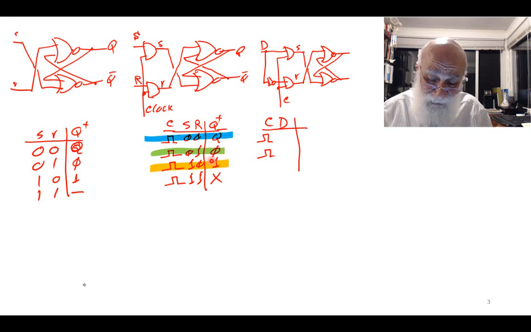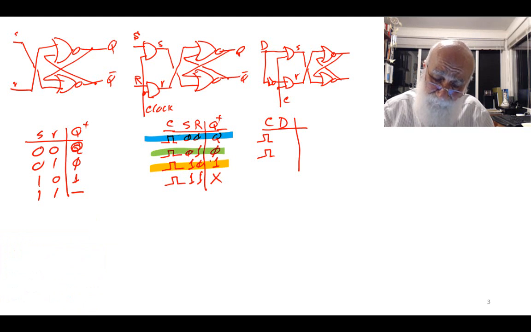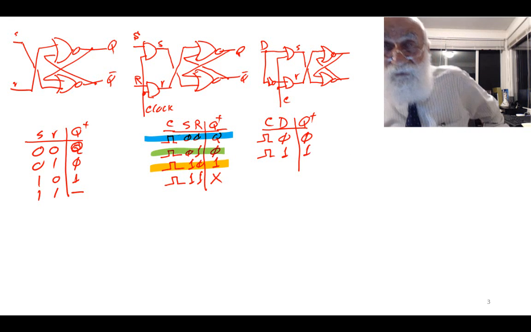But then the better thing that is gained by this circuit is the following. My Q plus, if D is 0, during the time of the clock, my Q plus is 0. If D is 1, during the time of the clock, my Q is 1.